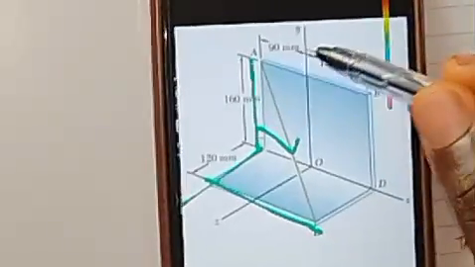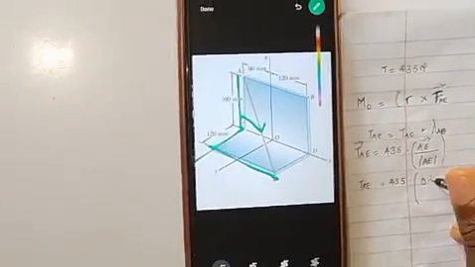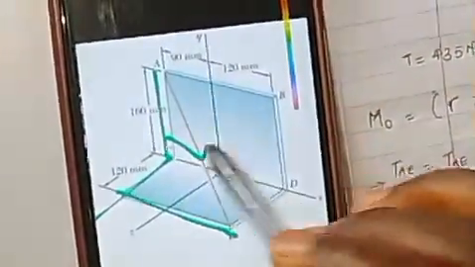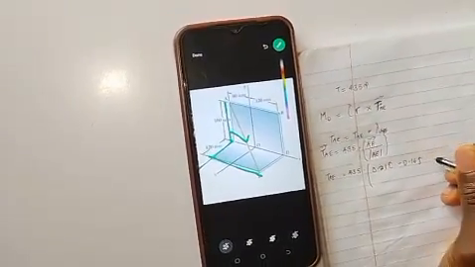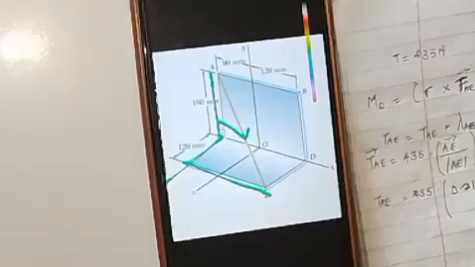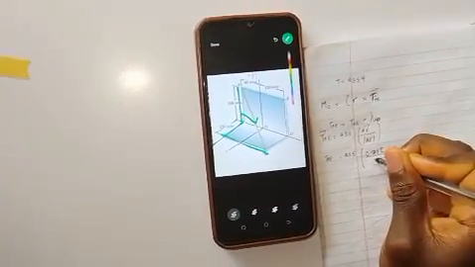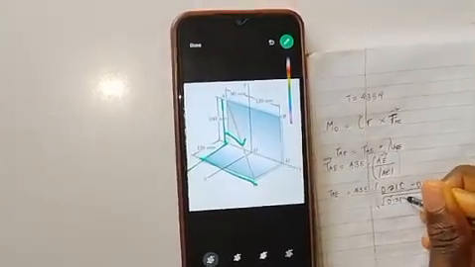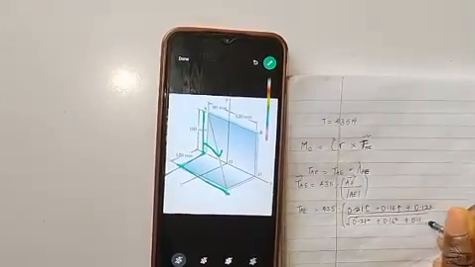So we have 90 plus 120, which is the same thing as 0.21 in meters in the i direction. Then from here to here, that's minus 0.16 in the j direction, then plus 0.12 in the k direction, all over the magnitude of this, which is the square root of 0.21 squared plus 0.16 squared plus 0.12 squared.